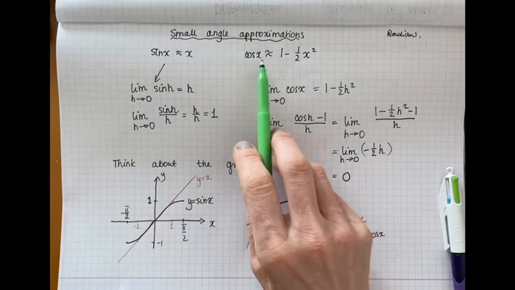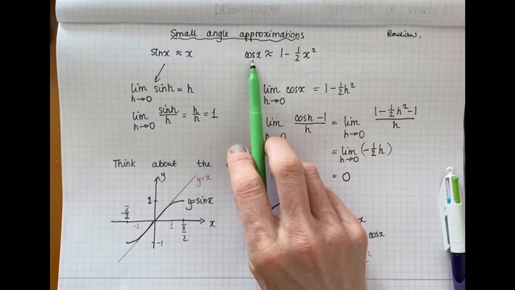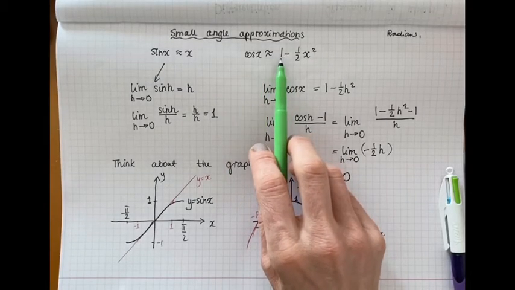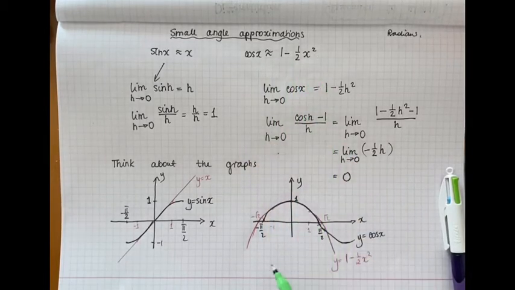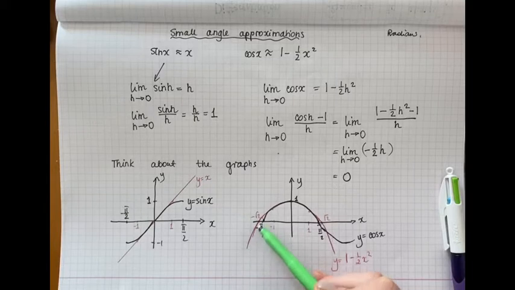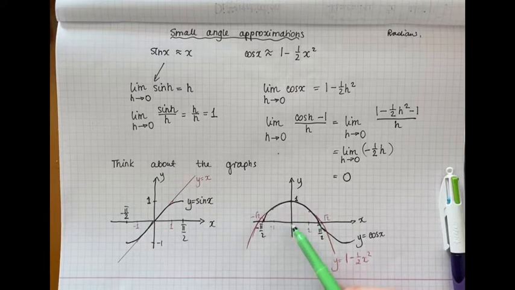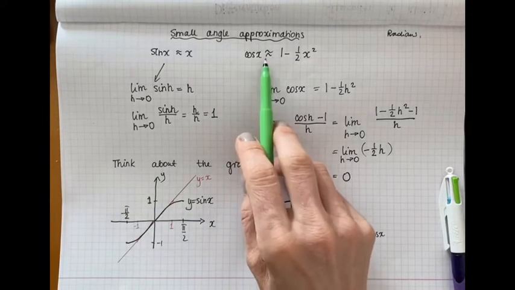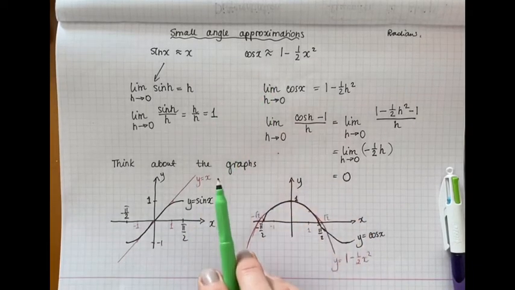Similarly, if you were to sketch y equals cos x and y equals 1 minus a half of x squared, I've sketched the 1 minus a half x squared in red and the cos x in black, you can see that for values close to 0, the graphs will pretty much overlap. So that's why it is approximately equal to.